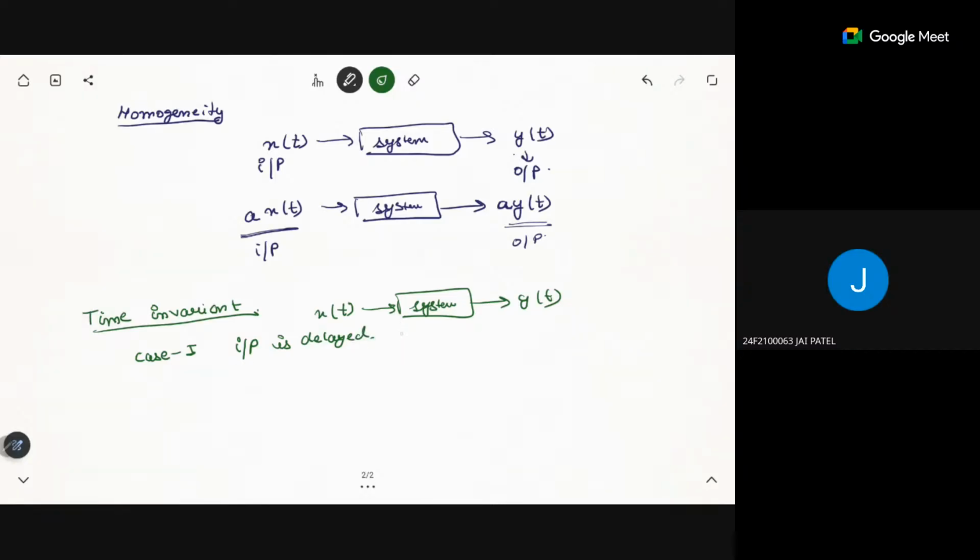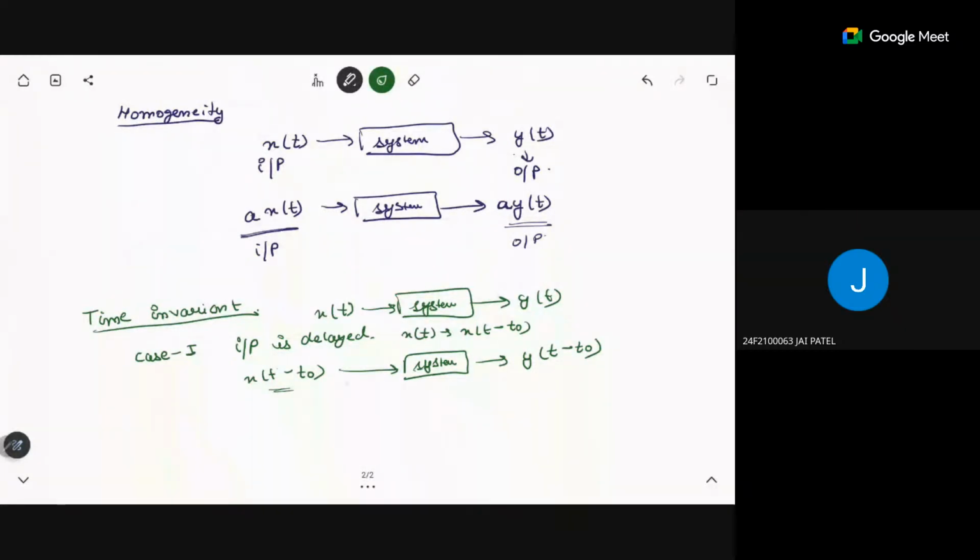So x(t) is changed to x(t minus t0). This input is given to the system, and the output I get is y(t minus t0).